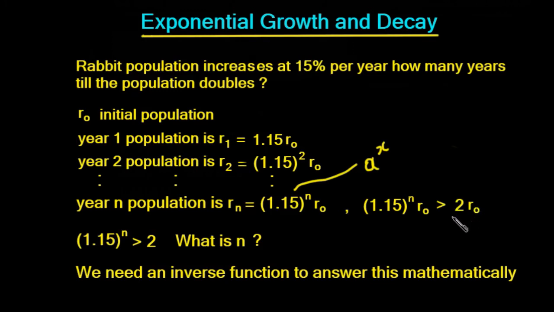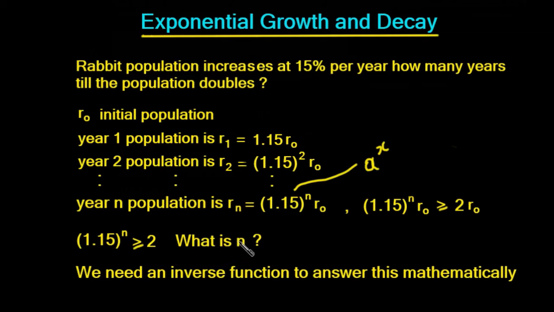So we are interested in when 1.15 to the power of n times R0 is greater than or equal to 2R0. We could cancel out the R0 and we'd be left with 1.15 to the power of n is greater than or equal to 2. So the question now is, what is the value of n?